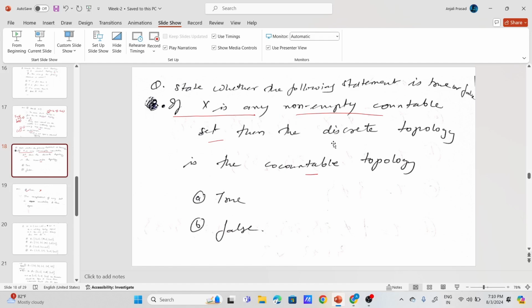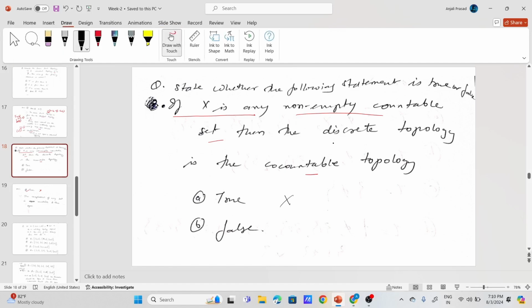Complement about every set, right? And in that case, if X is uncountable, 1, 2, 3, up to infinity, it will go on till infinity. By the definition of discrete topology, you can take any subset of this, right?